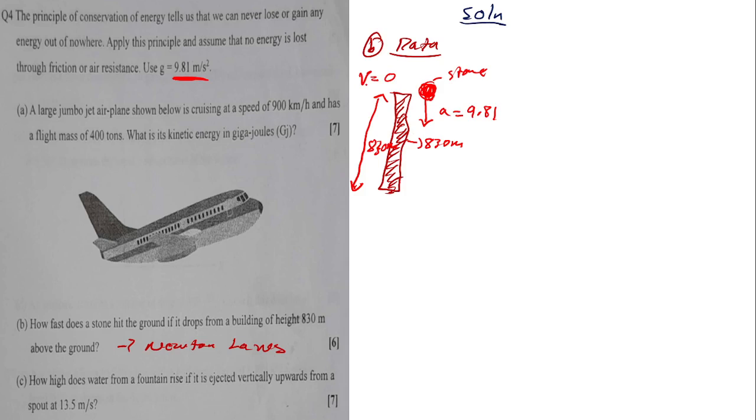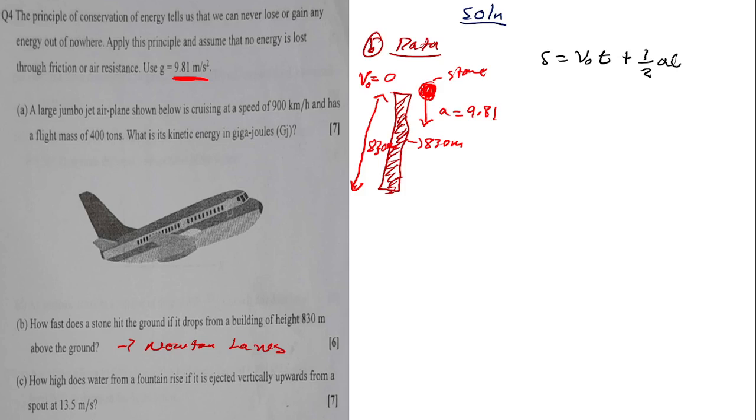So with this data, I can easily come up with an equation which has everything, and this equation is S is equal to V0 t plus one half a t squared. So S is the height, and the V0 is simply 0, times the time there.